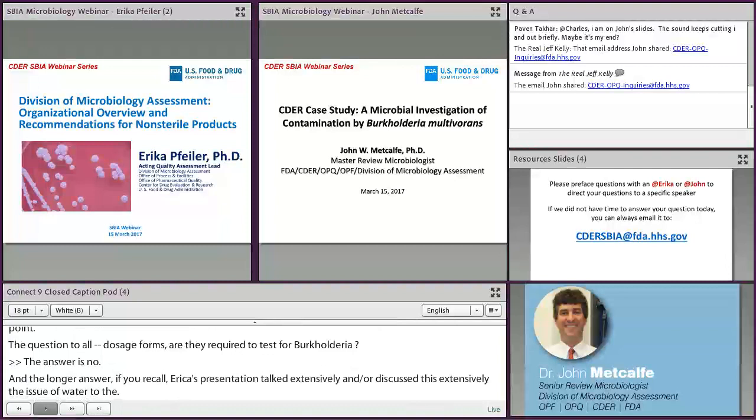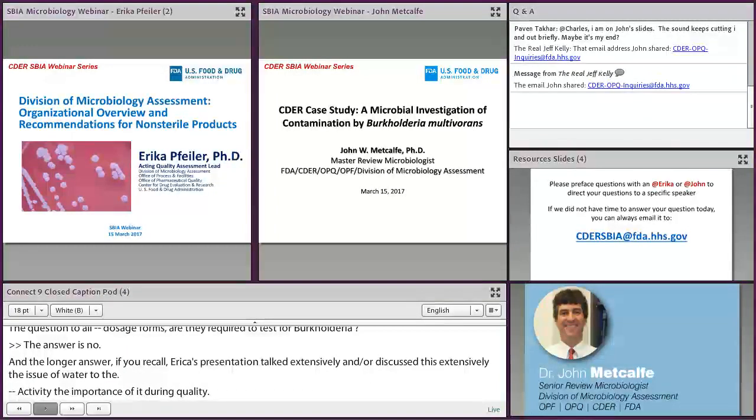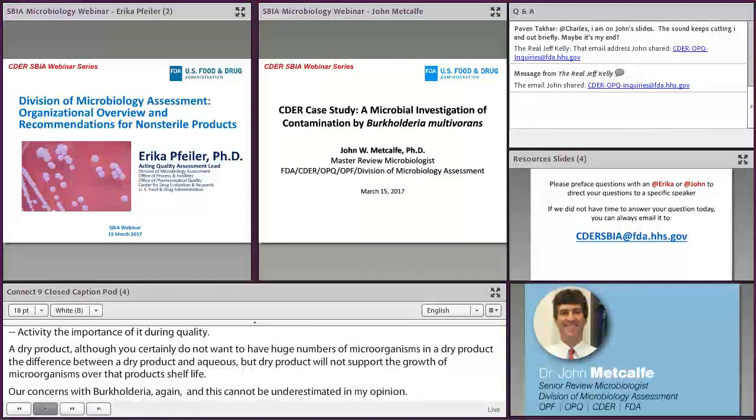So a dry product, although you certainly don't want to have huge numbers of microorganisms in a dry product, the difference between a dry product and one that's aqueous is that the dry product will not support the growth of microorganisms over that product's shelf life. So our concerns with Burkholderia, again, and this can't be underestimated in my opinion, our concerns at FDA with Burkholderia are with the aqueous non-steriles.